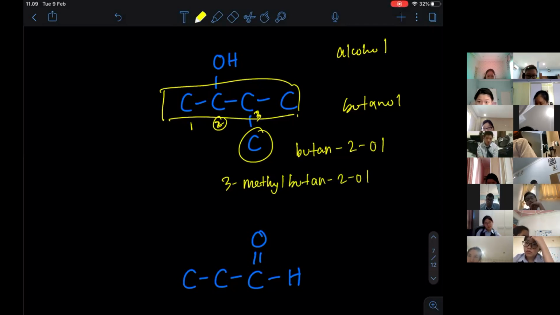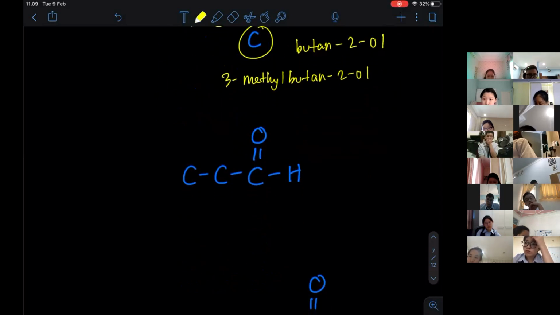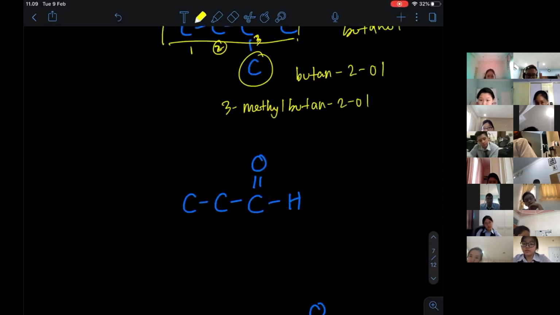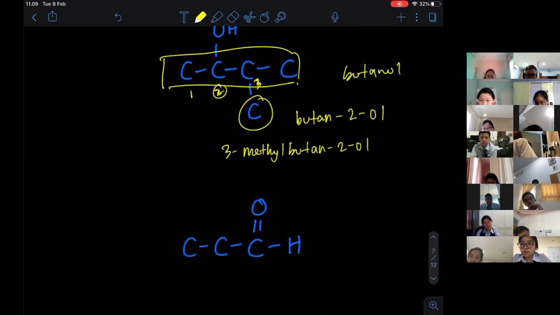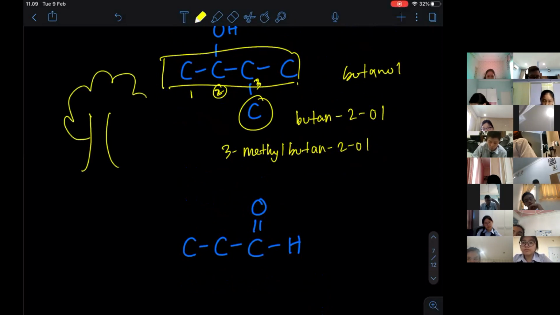Next. Sir, instead, can you make the alcohol become 3 and the methyl become 2? Cannot. Why? Because that's why I told you the priority is given to the functional group. Priority is always the functional group. The branch comes later. If you are drawing a tree, draw the tree first and then think about the branches later.